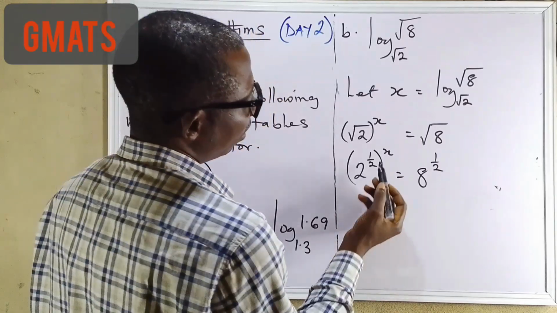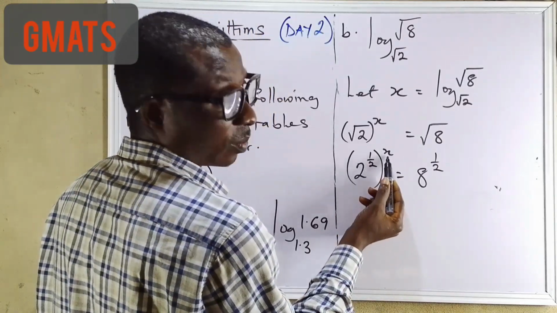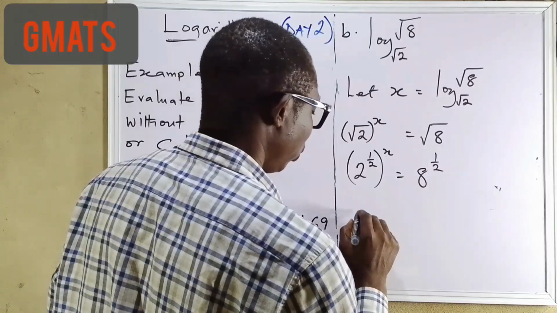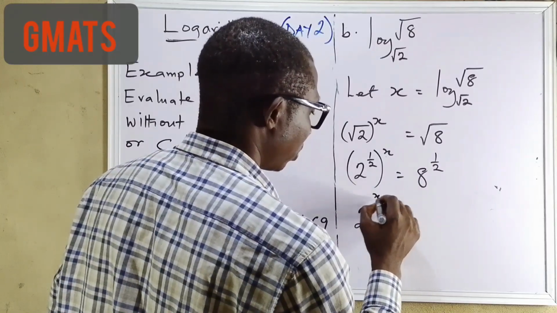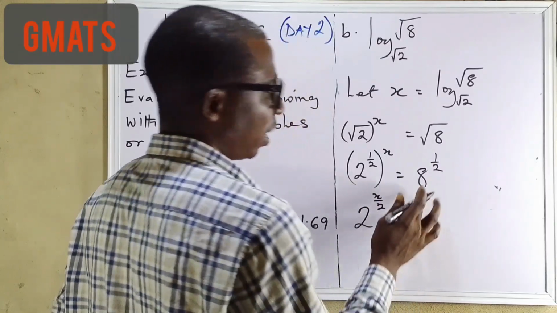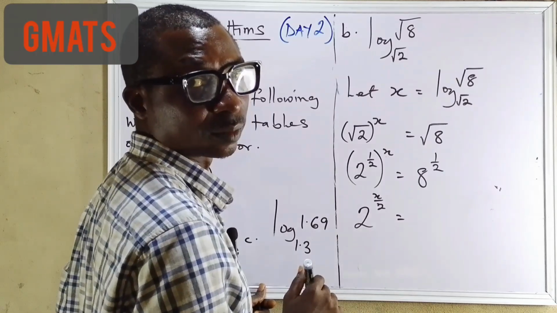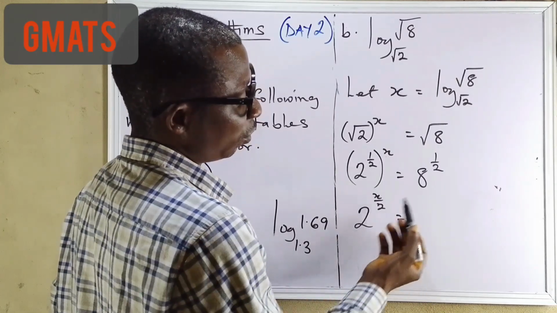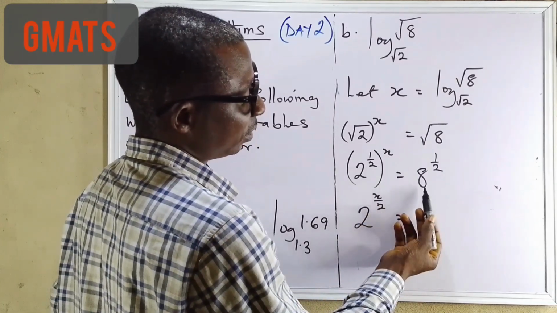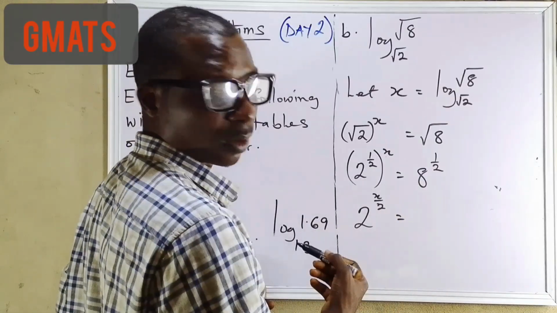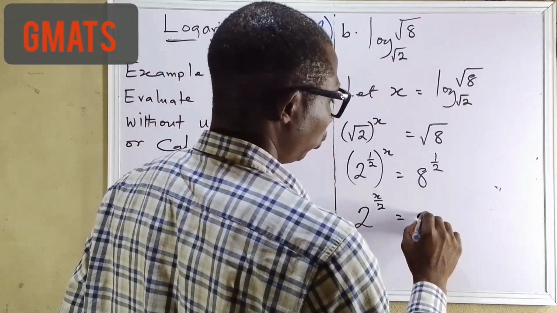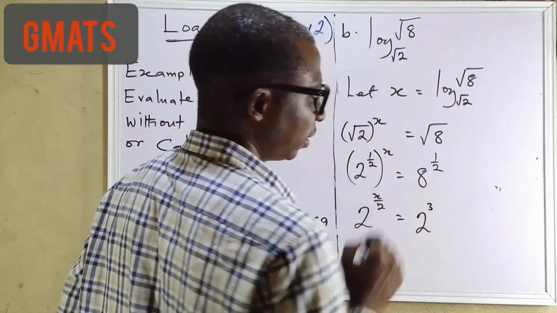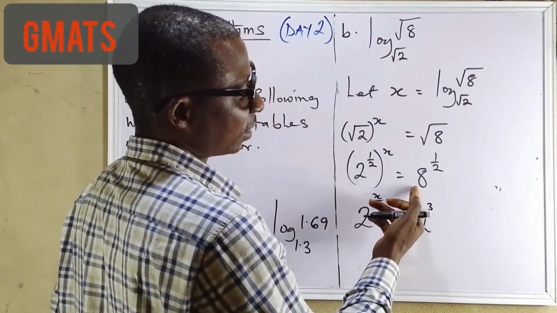Alright, so now this half will multiply x. So we have 2 raised to power of x over 2 equals, now you express 8 in index form, because my objective is to ensure now that the bases are equal. So we have 2 raised to power of 3. That's the same thing as 8.